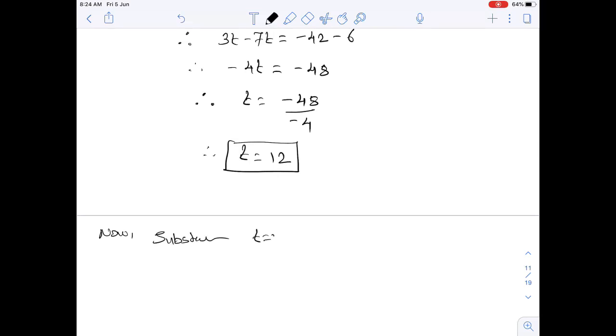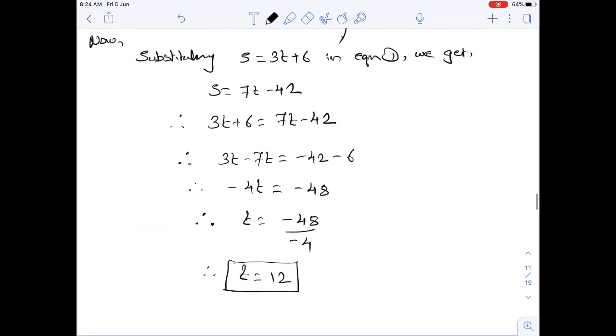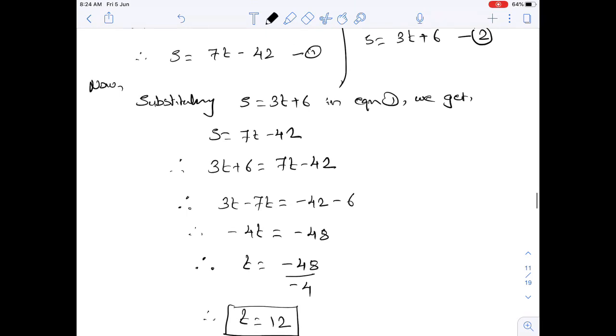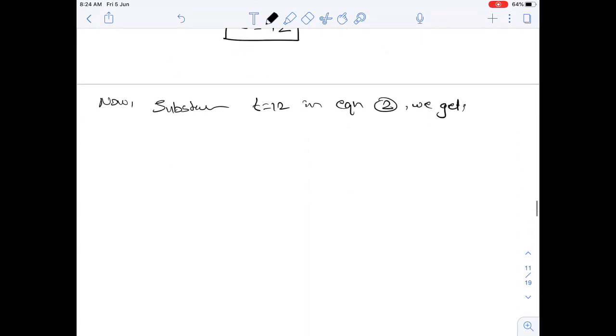Substituting t equals 12 in equation 2, we get... Now what is our equation number 2? It is s equals 3t plus 6. So we have to write it here. Therefore s equals 3t plus 6.